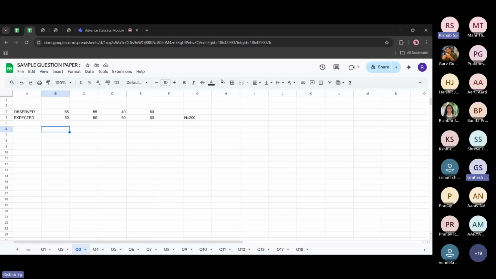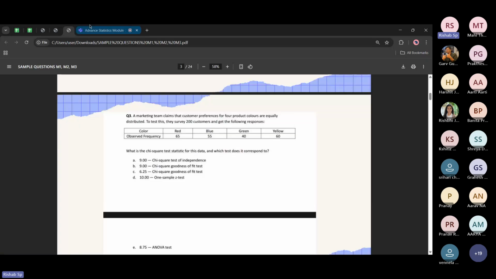Observed minus expected. Explain again how you got 15. In the question, it's mentioned that a marketing team claims that customer preference for 4 product colors are equally distributed, which is a uniform distribution. So each expected will be equal.